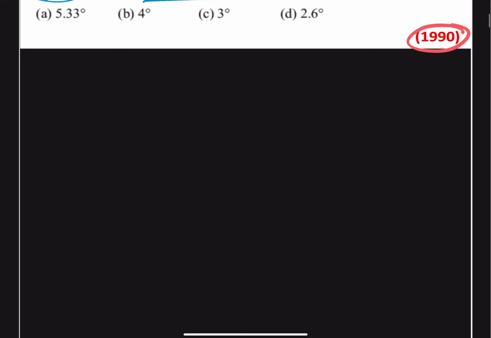Under this condition, both the prisms will be connected in such a way that their angles are opposite. Suppose this is our first prism P1 having angle of prism A1, and the second one will be connected in this way, so the angle is opposite.